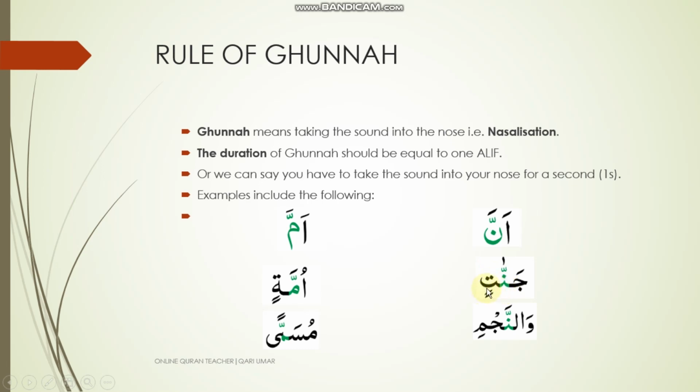Right now this word is before you, and in this word noon with zabar, na, is present and containing tashdid on it, so you must follow the rule of Gunnah here while reading the Quran. So this word will be read as jannatin, and in the second example it is najmi, with this kind of sound. It is the Gunnah actually. I am taking the sound into my nose for a second.